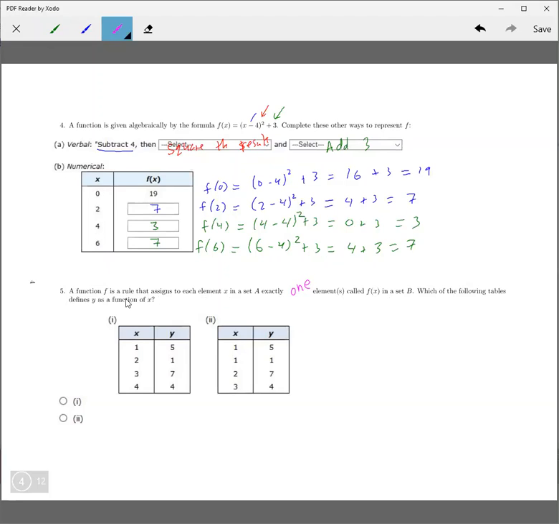That's fine. What you can't have is 2 x values being associated with different y values. That doesn't work. Here all the x values are different, so that's fine. So number 1 is a function. Number 2 is not a function.